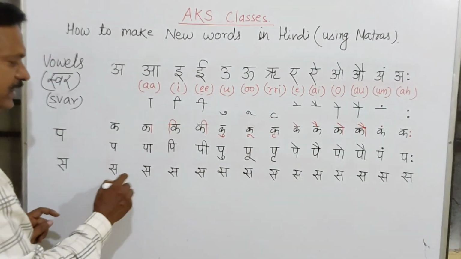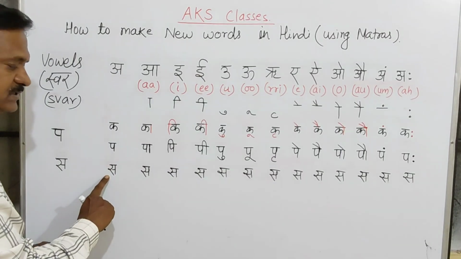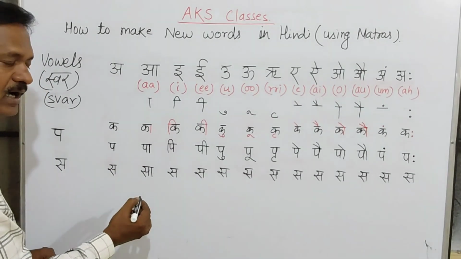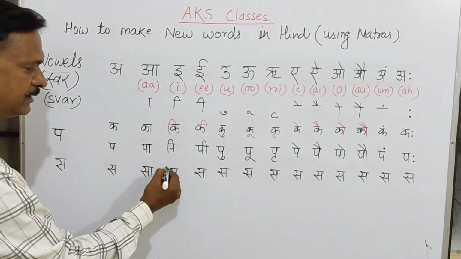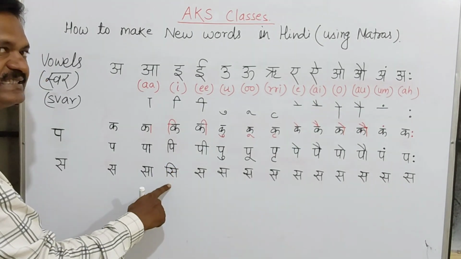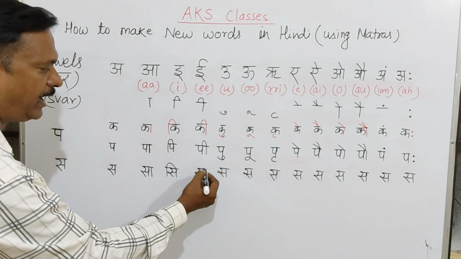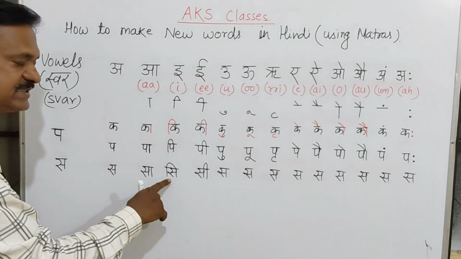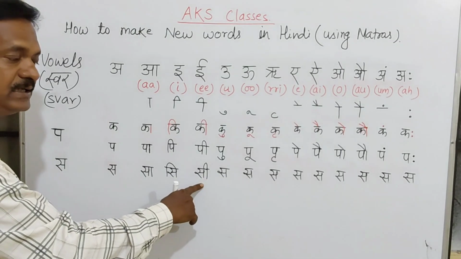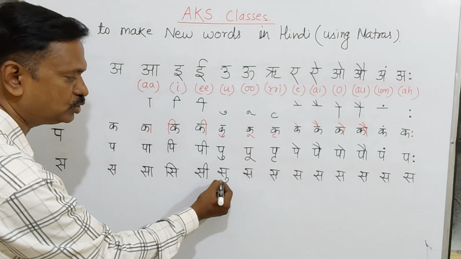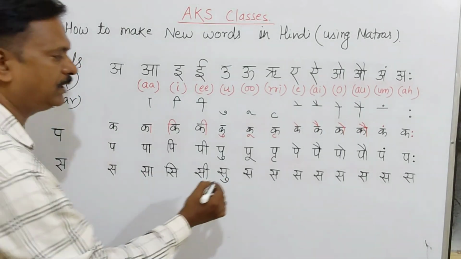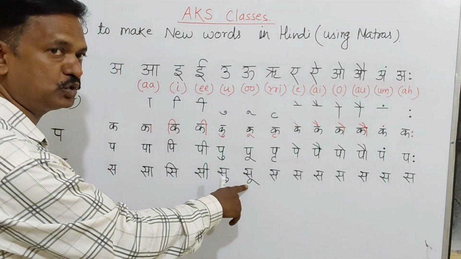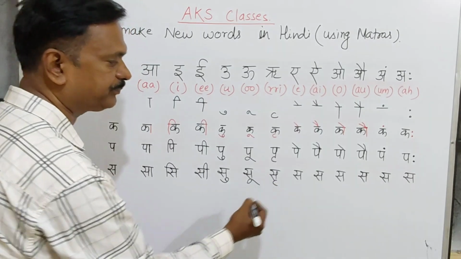This is the sa consonant. It is the plain sa sound. Now it is saa, the big one. Small i sound, si, and a big ee sound, see. Now su, a small one, and soo, a big one. Now sri.